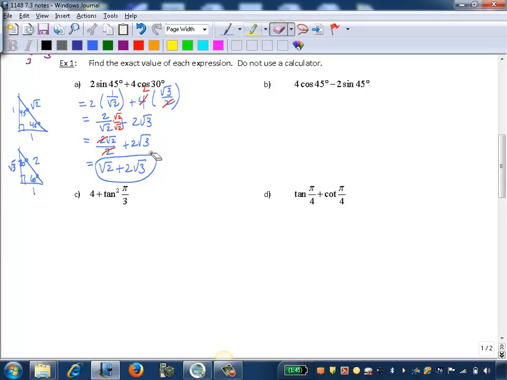So we know that 180 degrees are equal to pi radians. If I have pi over 3, and I want to convert that into degrees, then I just multiply by 180 degrees over pi radians. The pi's divide out, and I'm just left with 60 degrees.